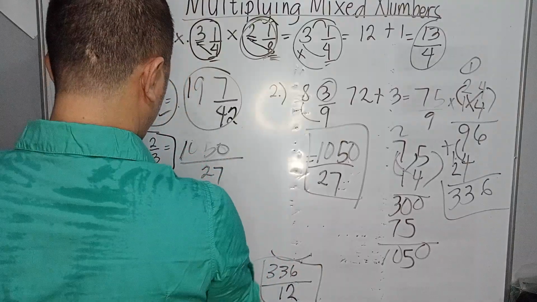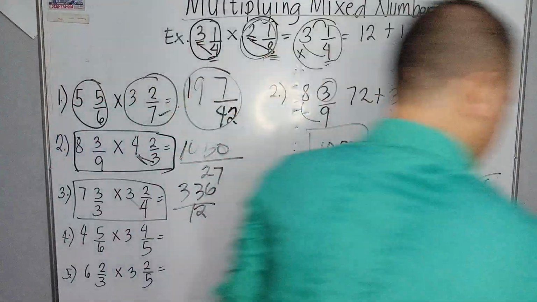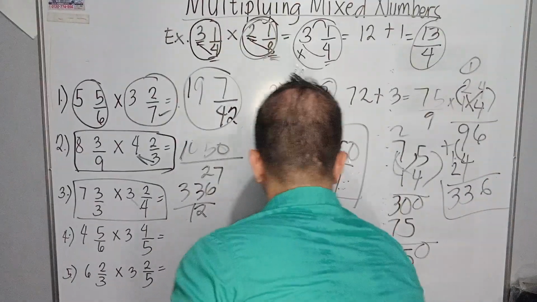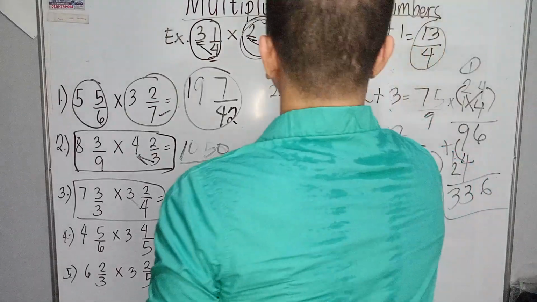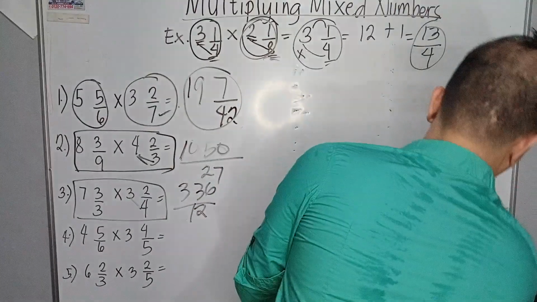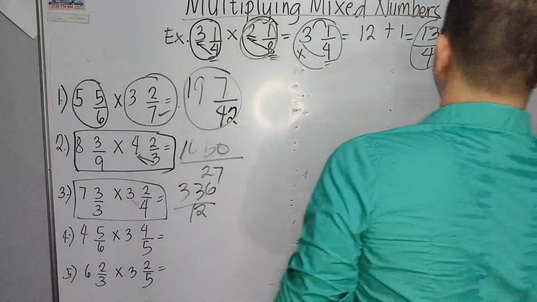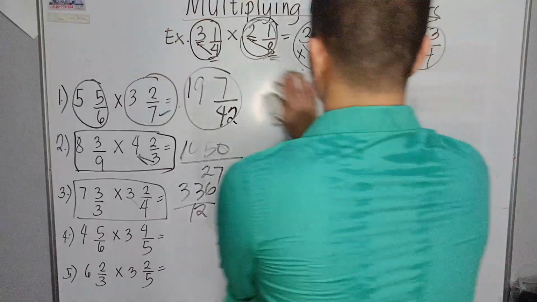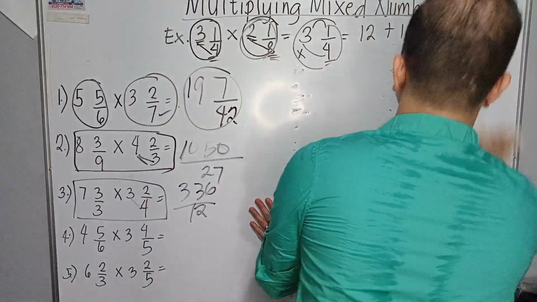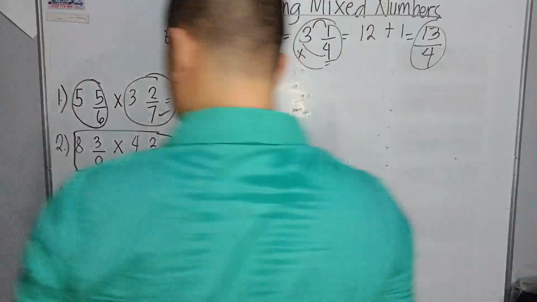Number 3 is 336 over 12. Next, we have number 4.